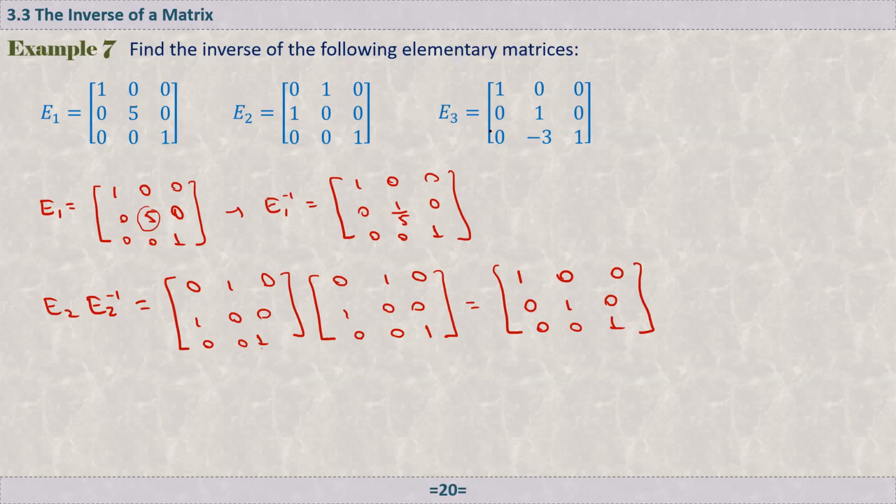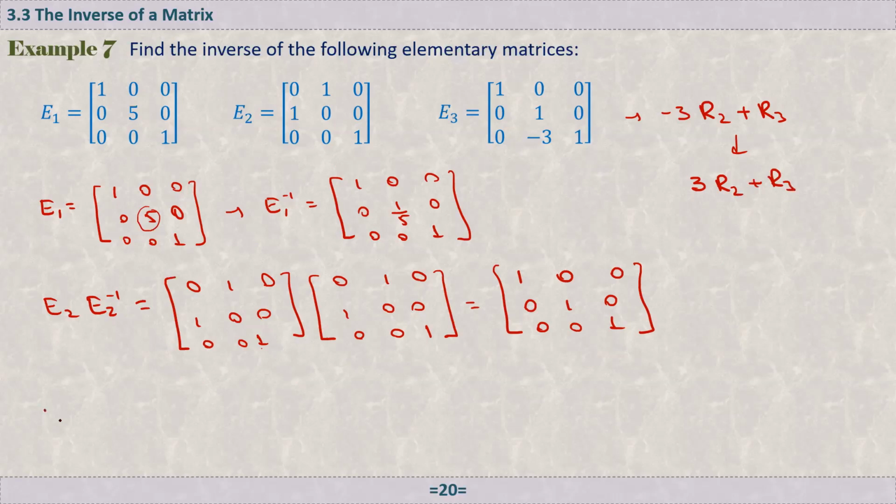How about the third one? Third one is, see here, this one, how did they obtain this matrix? We obtain this by multiplying the second row by -3 and adding to the third row, right? So it is inverse. How can I obtain its inverse then? So actually here we have multiplied by -3, right? So here actually we multiply R2 by 3 and add to the third row.